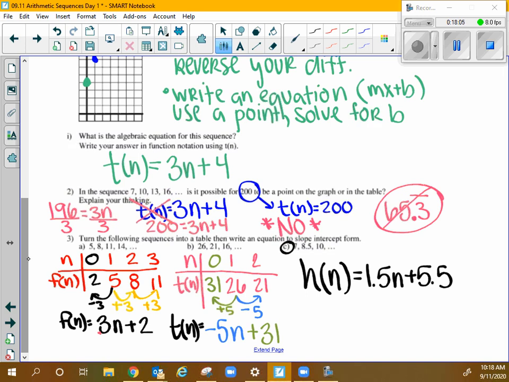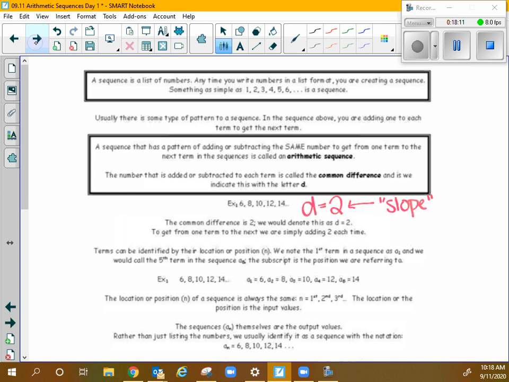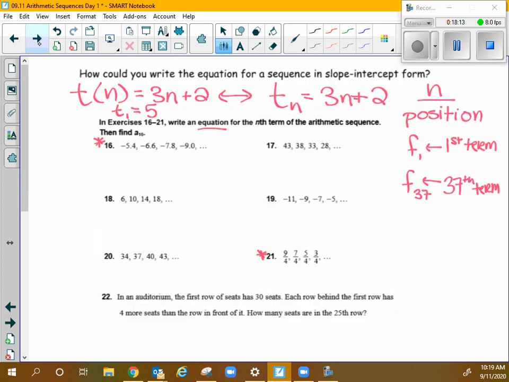Where did the 2 come from? The 0 term. So if I go back here, it wants me to write an equation, which means that I need the common difference and I need the 0 term. Those are the things that I need to write an equation.